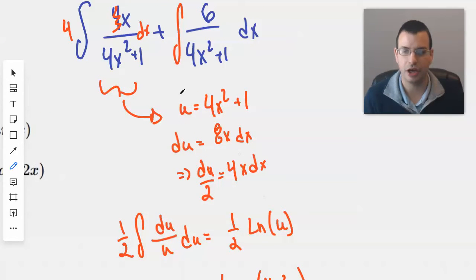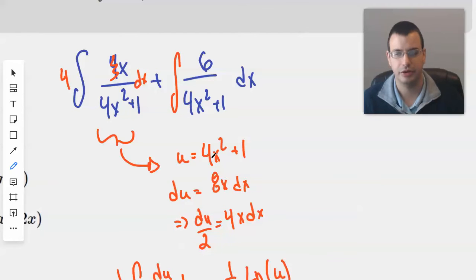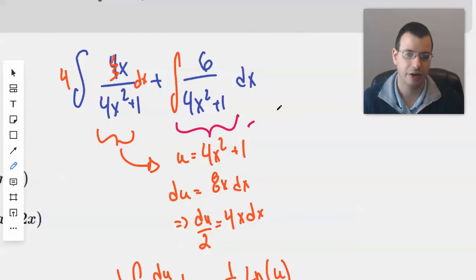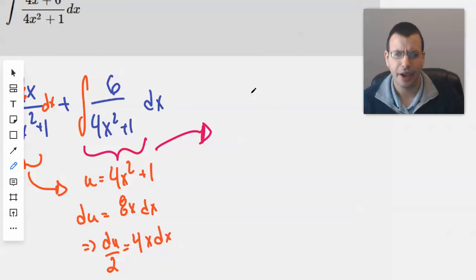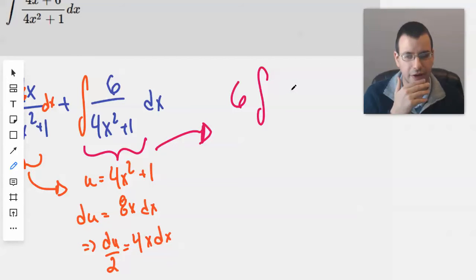So now we're going to look at the other portion. Change colors, add emphasis. So this guy right there, move him over. I'm going to move this 6 out, and also going to move a 4 out as well.